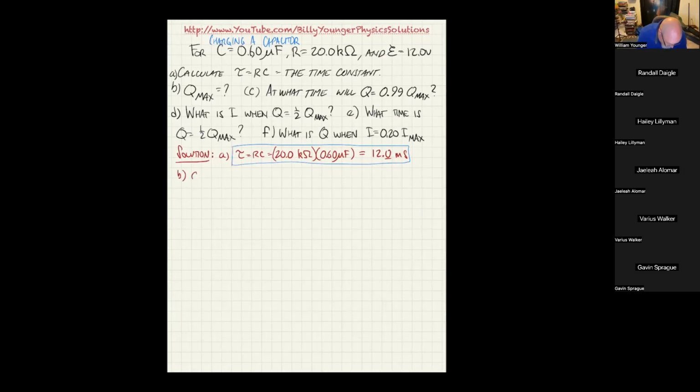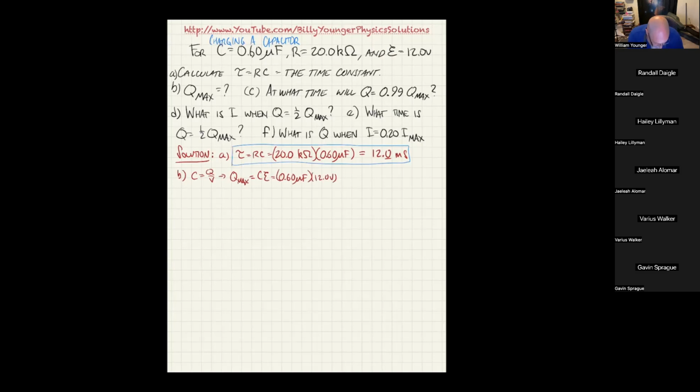So using C equals Q over V, we know that Q max is going to equal C times E. So all I have to do is say Q equals C times E, that's 0.60 microfarads times 12.0 volts.